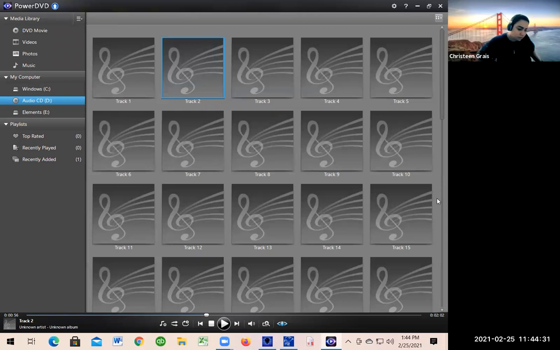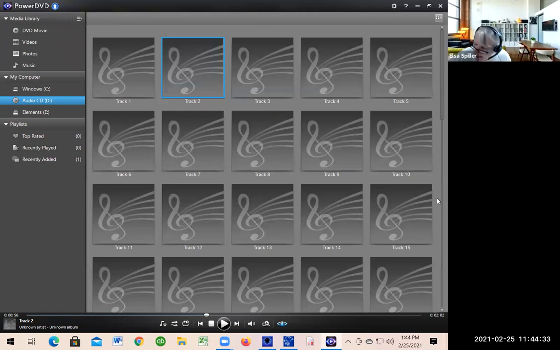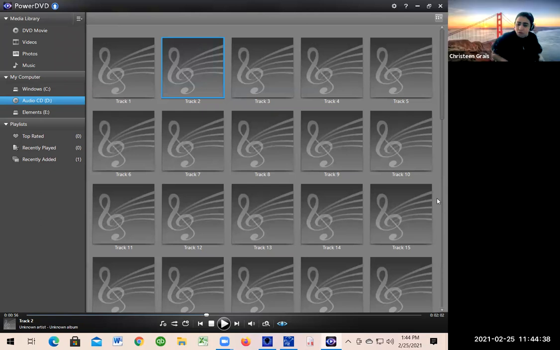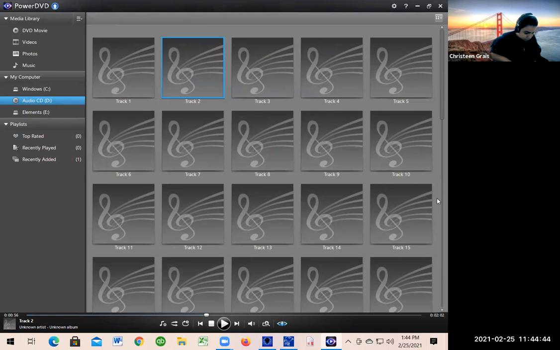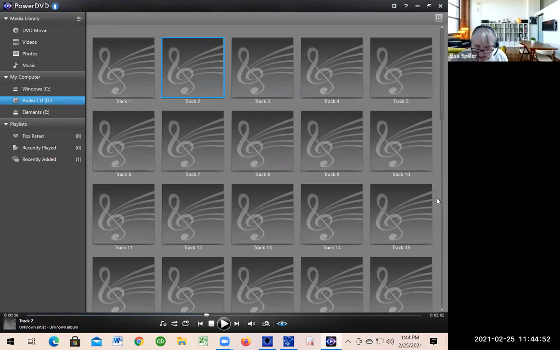the workbook, page 98. Okay, so unit 9? Page 98. We're going to review the things that we just went over in the big book.